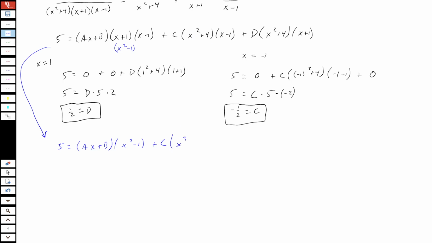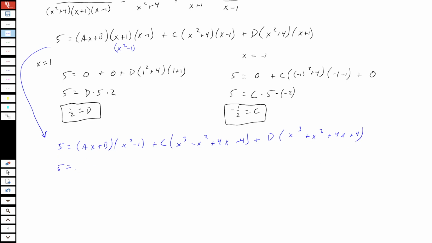So x squared times x is x cubed minus x squared plus 4x minus 4. And here, I'll have x cubed plus x squared plus 4x plus 4.